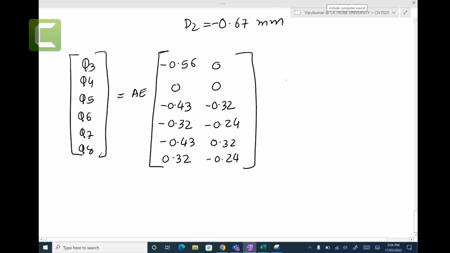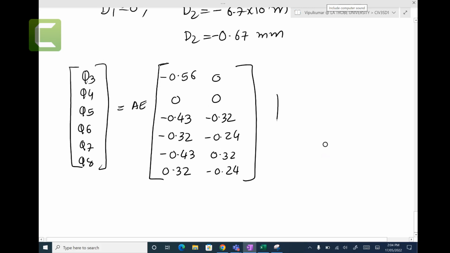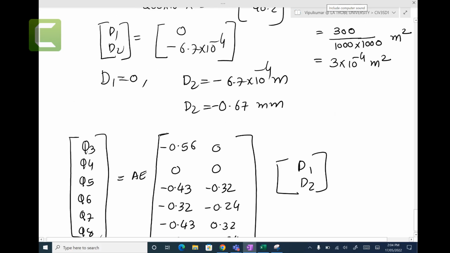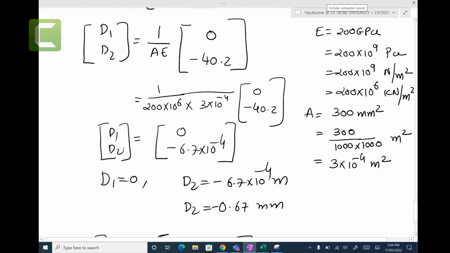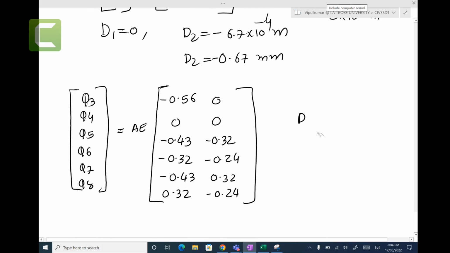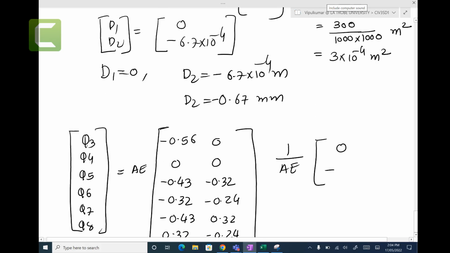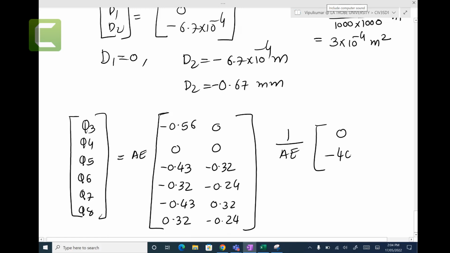Okay. And then you have D1 and D2. You can check it, right? And then we just substitute this D1 and D2, which is 1 over AE times 0, minus 40.2.